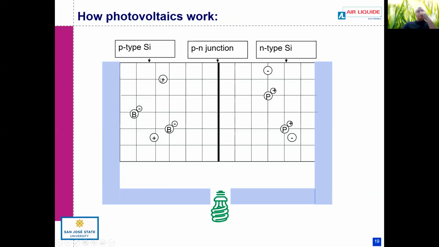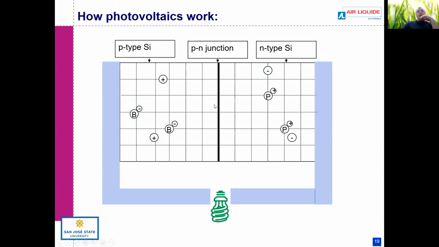So this is p-type silicon. And p-type silicon has many holes in the valence band, and the holes are permanent. They're there permanently, right? So p-type silicon can conduct by the movement of holes through the bulk of the silicon.